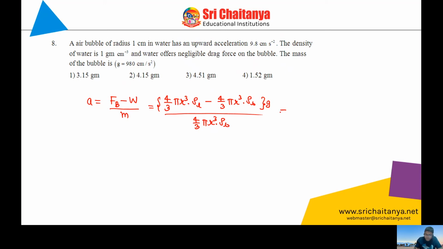And I think you should remember this formula in this form, that is simply (rho L by rho B minus 1) into g.